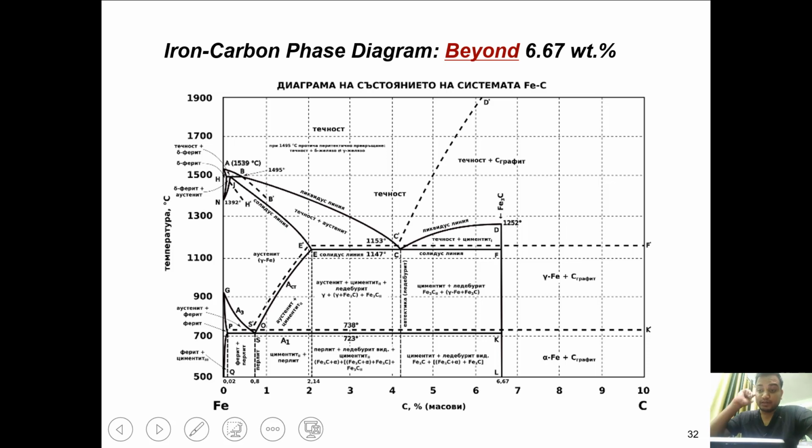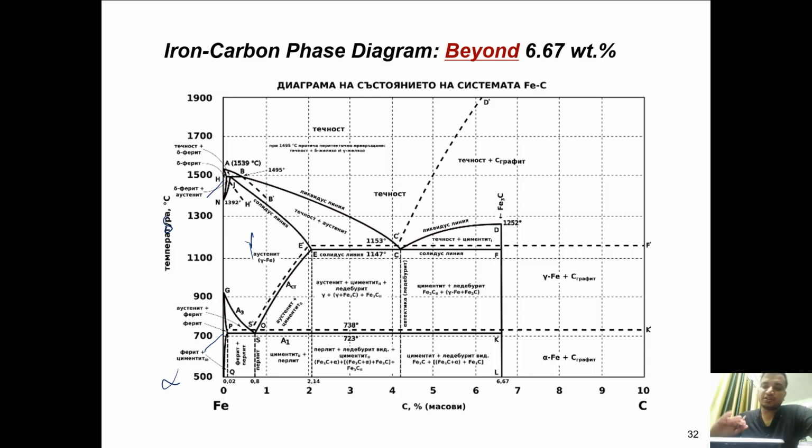Now this is the iron carbon phase diagram, and this is one of the most important phase diagrams in metallurgy or material science. I think you know about this diagram, at least you have seen it, right? So this is a typical phase diagram. We have here gamma, then alpha, then delta.